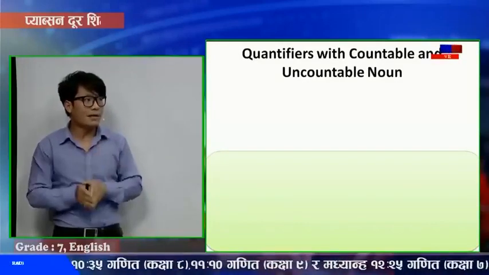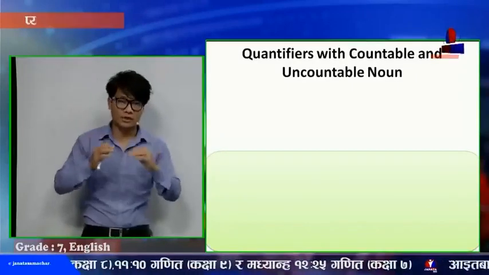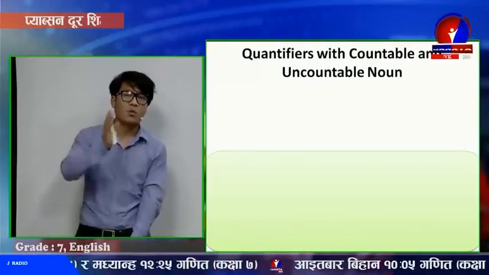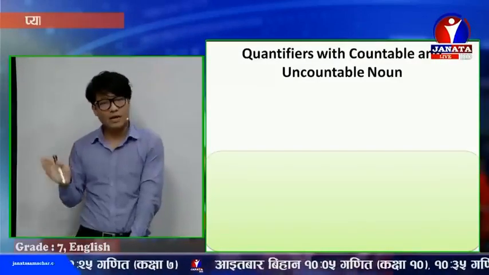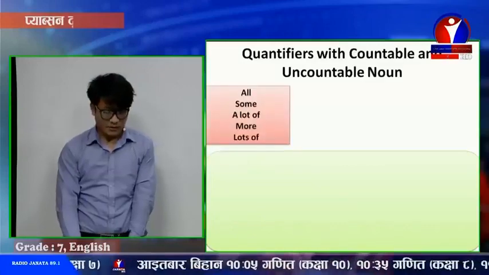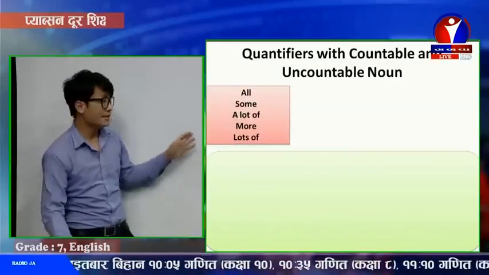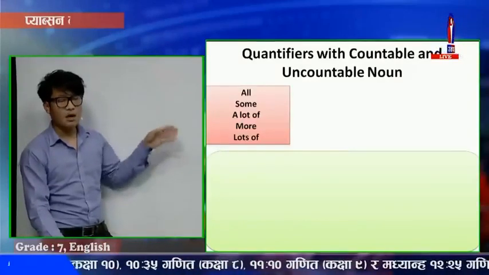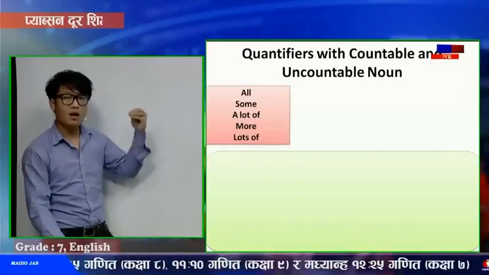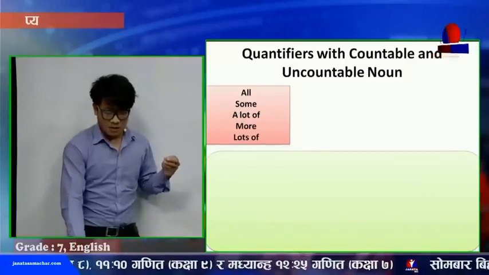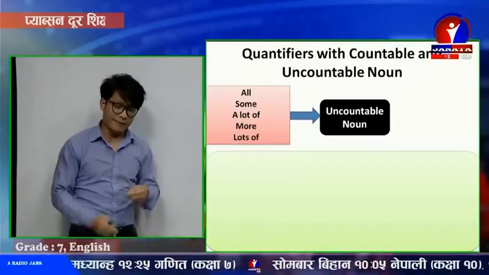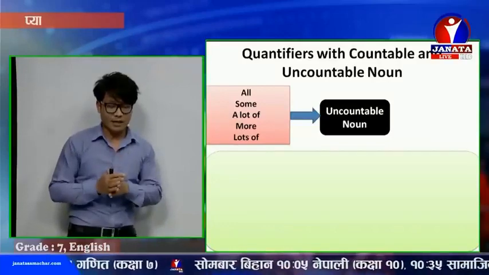Now we are going to learn how to use quantifiers with countable and uncountable nouns. First of all, see these quantifiers: all, some, a lot of, more, and lots of.